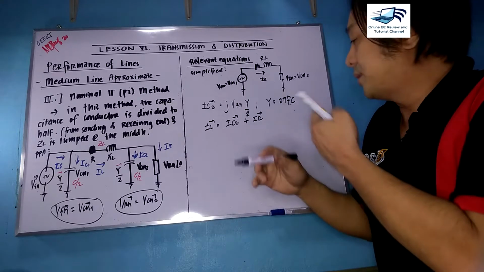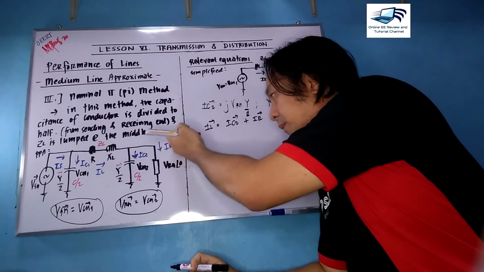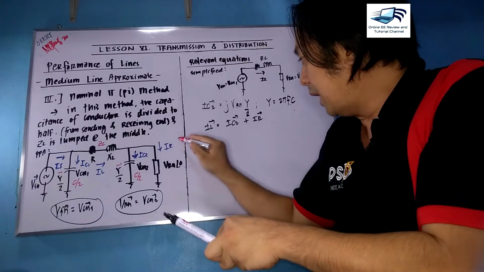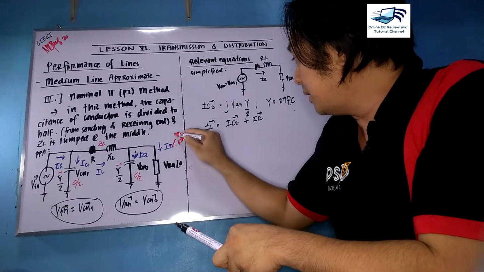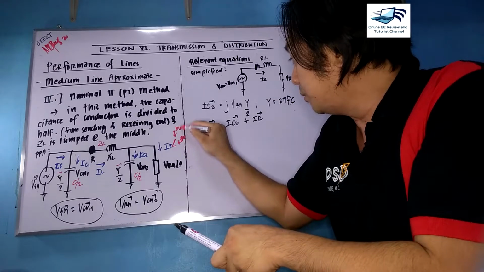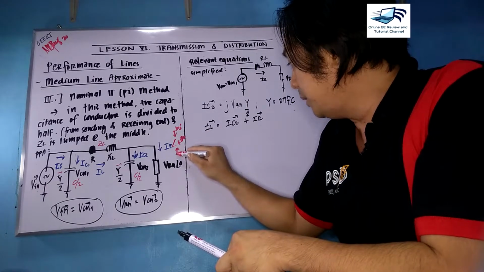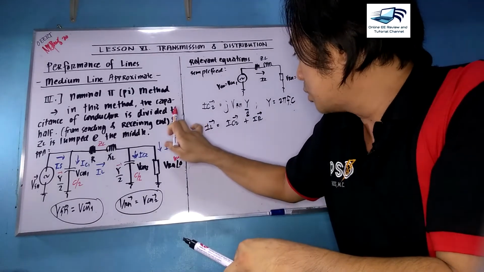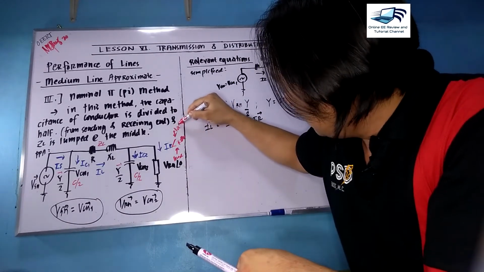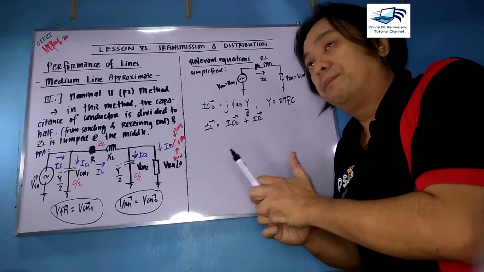Your IR is already given here, considering the angle negative and positive theta R. Please take note, the negative here is a lagging condition and the positive here is a leading condition.